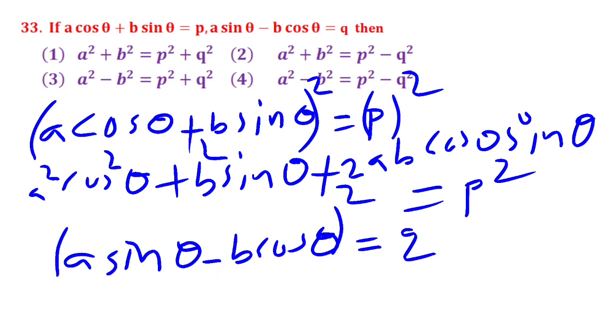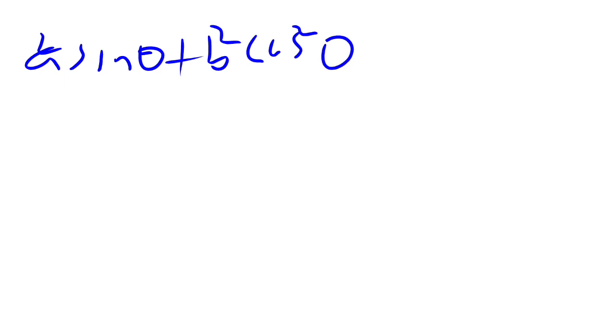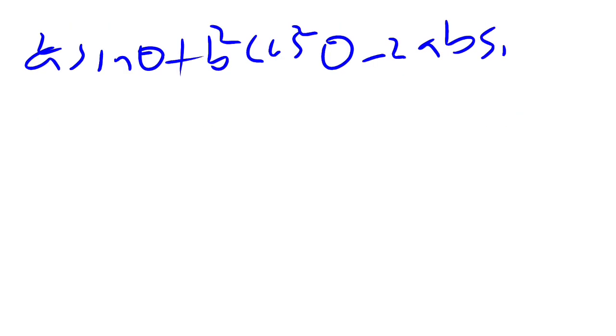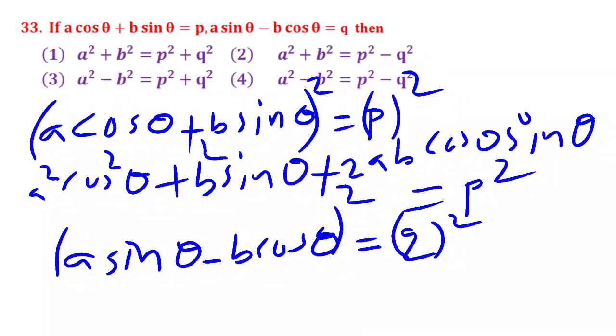Here a minus b whole square formula: a square cos square theta plus b square sin square theta plus 2ab, sorry, minus 2ab sin theta cos theta equals q square.